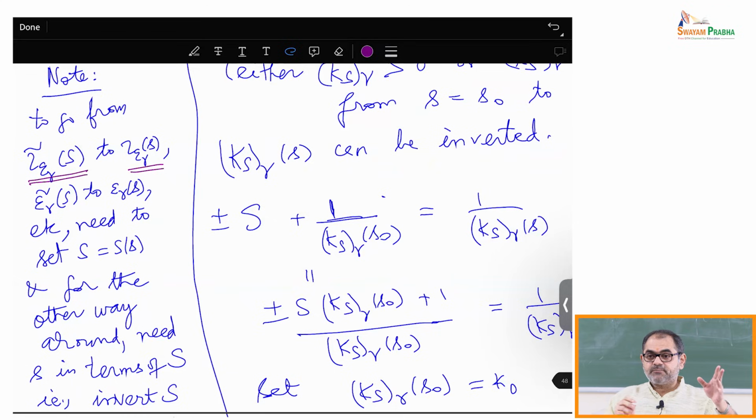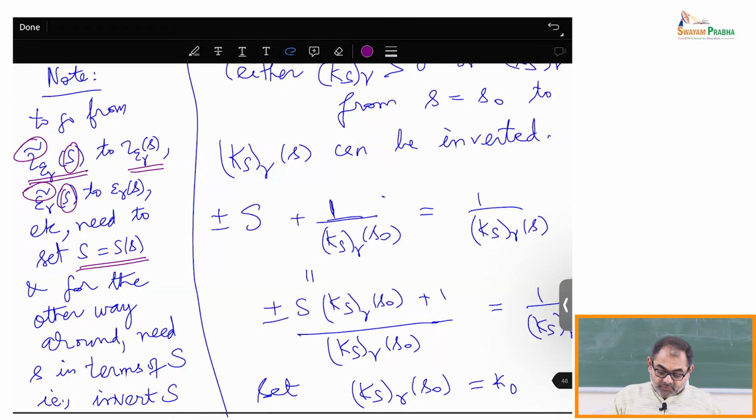That is, you want to change the parameter from capital S to small s. That is the reason why, when I wrote it as a function of capital S, I put these tildes, and when you write it for small s, you don't put the tildes. Going from capital S to small s is very simple. You can write capital S equal to capital S of small s, and we have computed what that is, because it's just arc length.